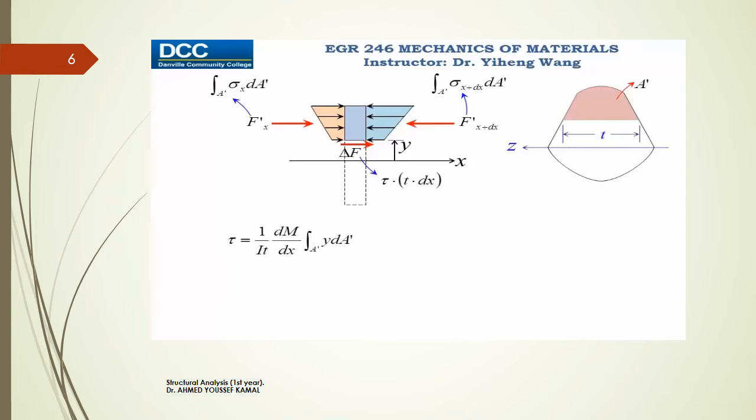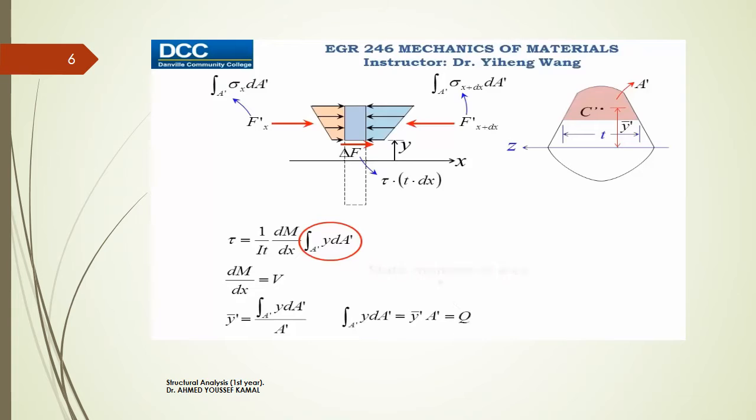If you recall, the derivative of bending moment is simply the shear force, dM dx equals V. For this integration term, if you remember the formula that we can use to determine the centroidal position of this shaded area, this integration term simply equals y bar prime times A prime, A prime being the area of this top segment, and y bar prime being the position of the centroidal location of this shaded area relative to the z-axis.